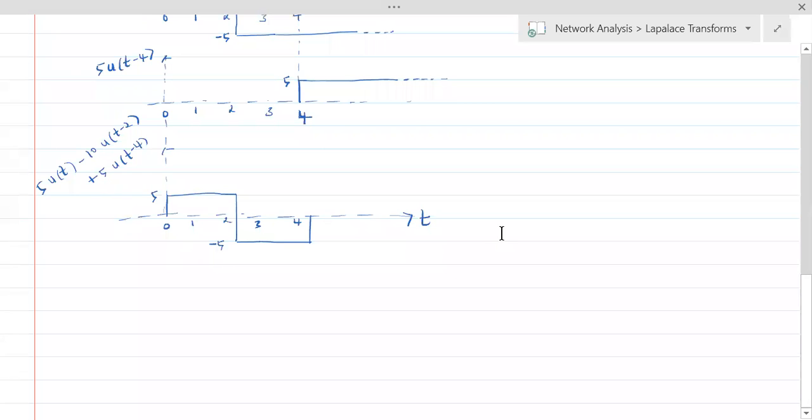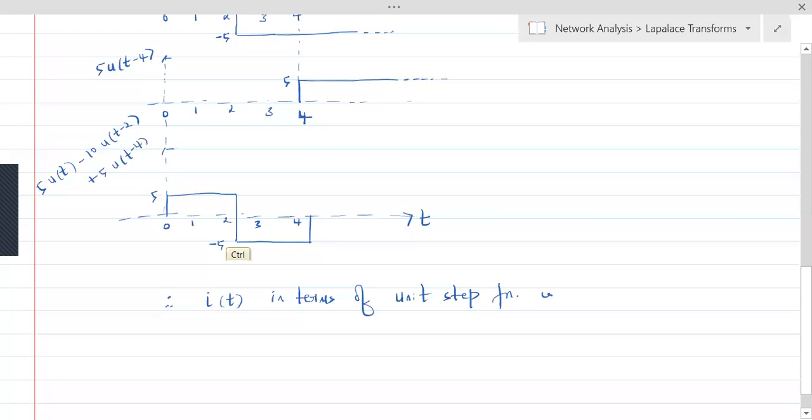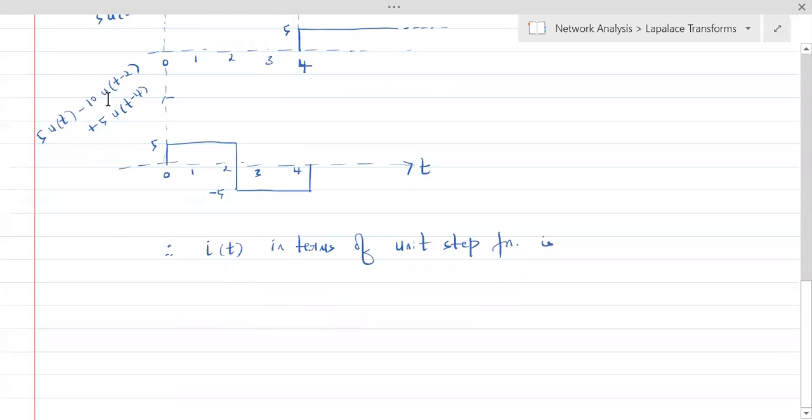Therefore I of t in terms of unit step function, you just have to write this expression: I of t equal to 5 u of t minus 10 u of t minus 2 plus 5 u of t minus 4.